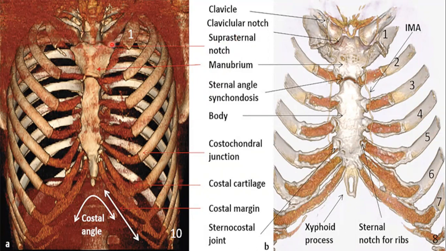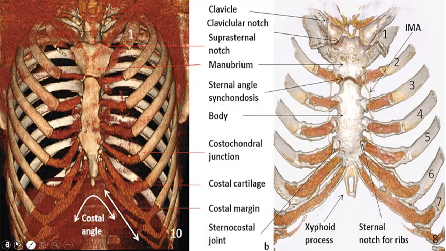So it is the suprasternal notch over here. Then we have the sternal angle. So we have two parts. One is the suprasternal notch that lies above, and the sternal angle that is at the chondrosternal junction, which we have already mentioned.